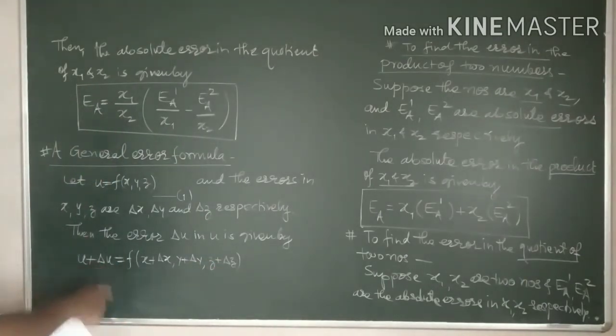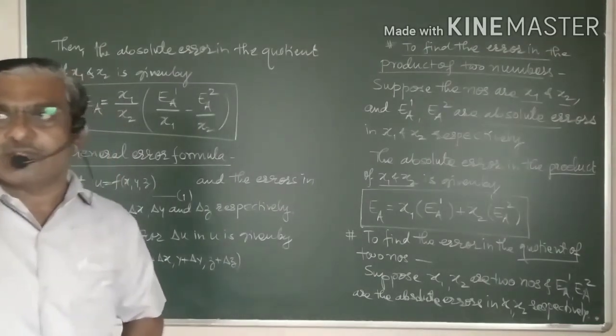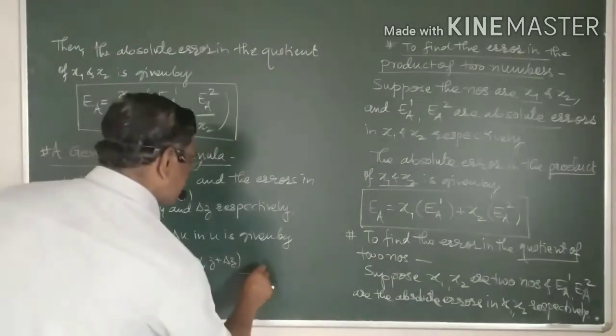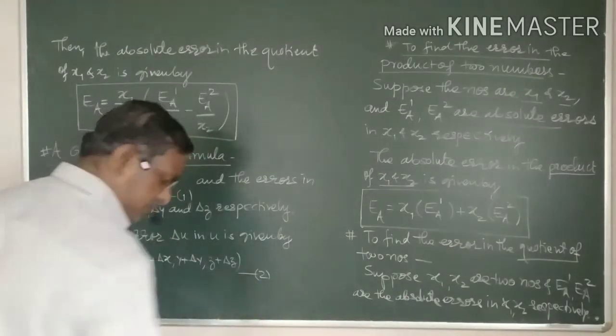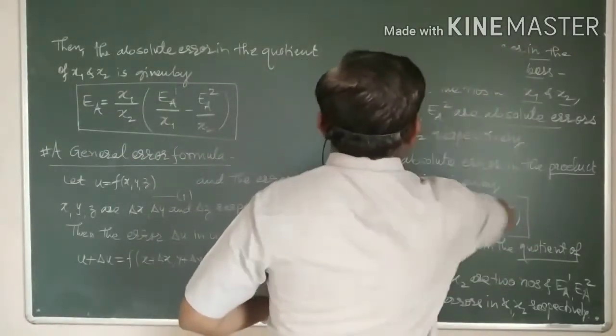Therefore, u plus del u is equal to f of x plus del x, y plus del y, and z plus del z. Let us call this as 2.